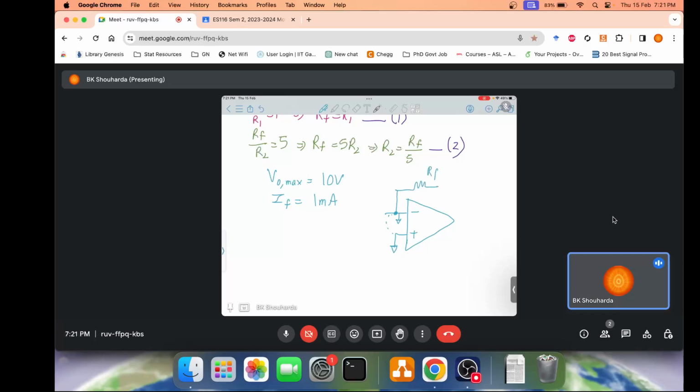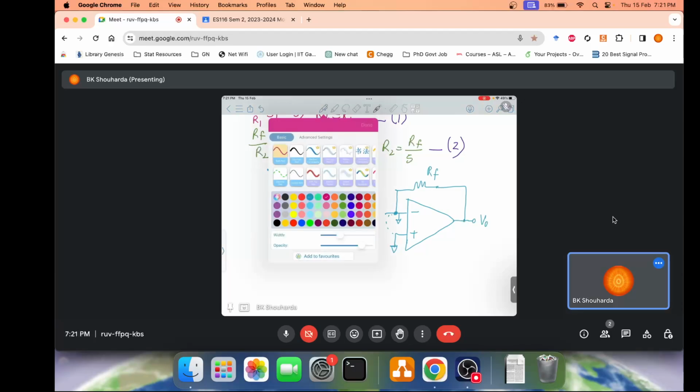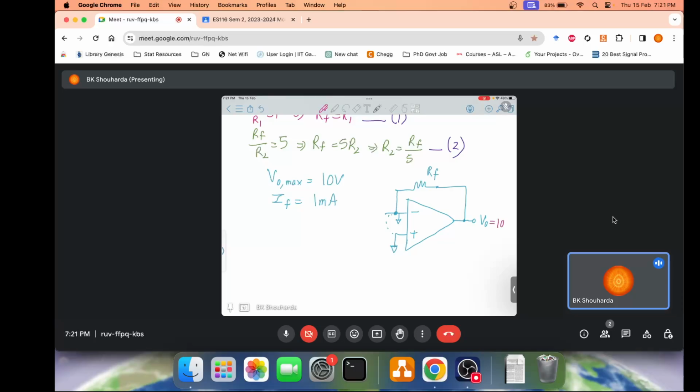We have this Rf over here, and this is our voltage VO. What are we assuming? At VO equal to 10 volts, the maximum current that can be allowed is 1 milliampere. So what is the Rf that should satisfy this? Very simple. Since this is at ground, Rf is VO max minus 0 upon IF. So that's 10 upon 1, 10 kilo ohms.